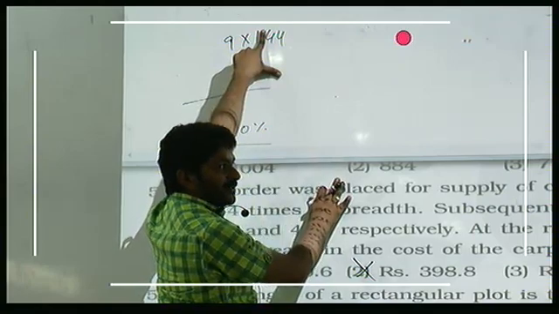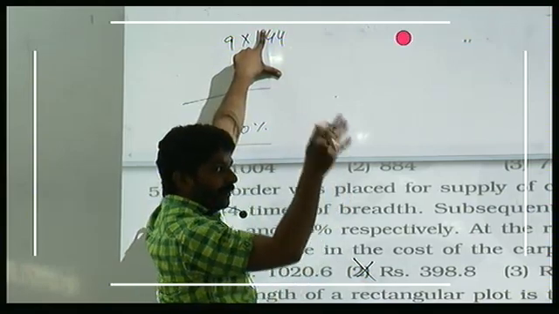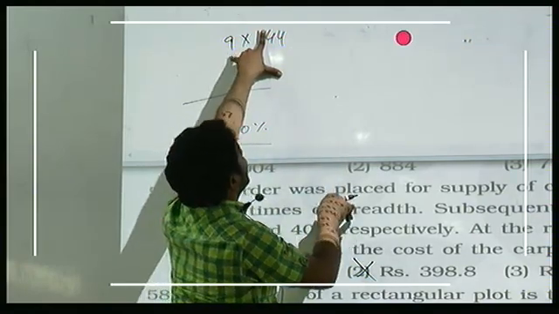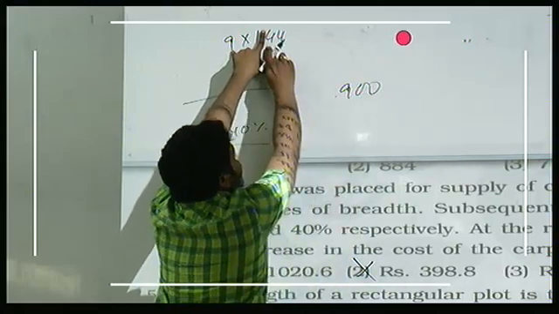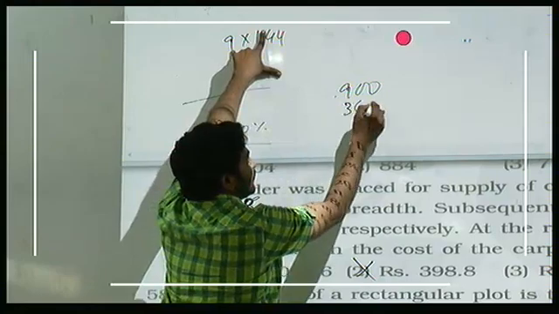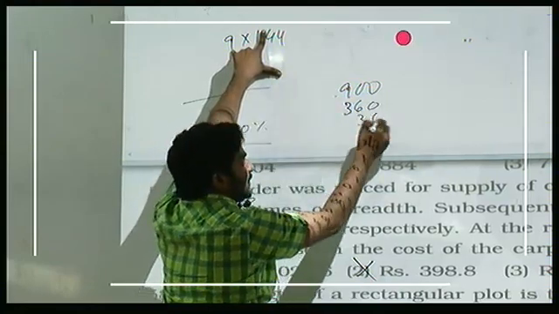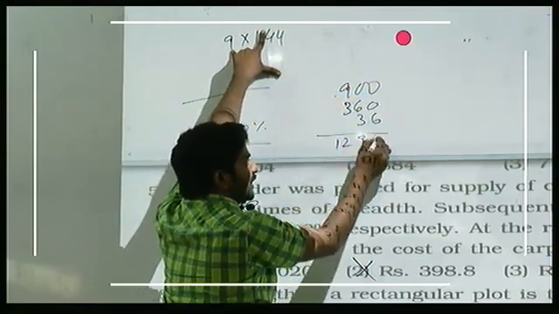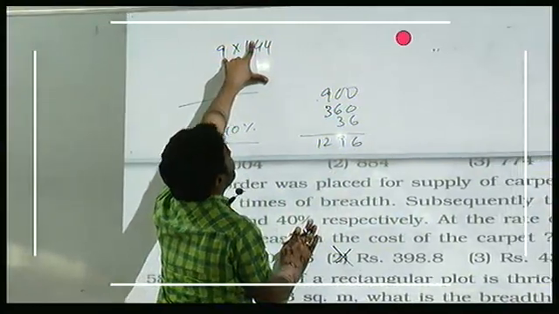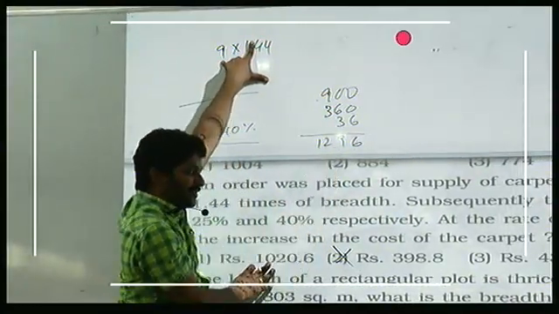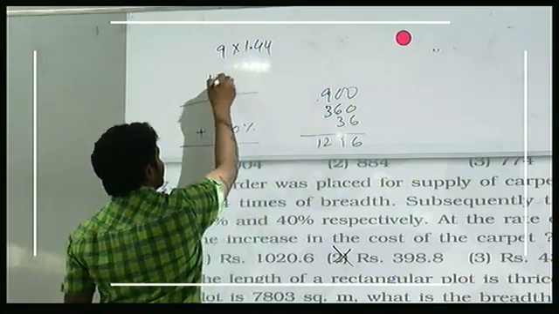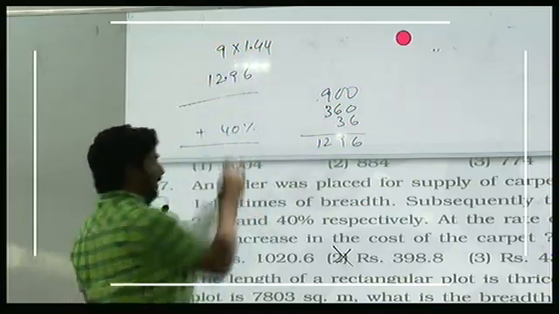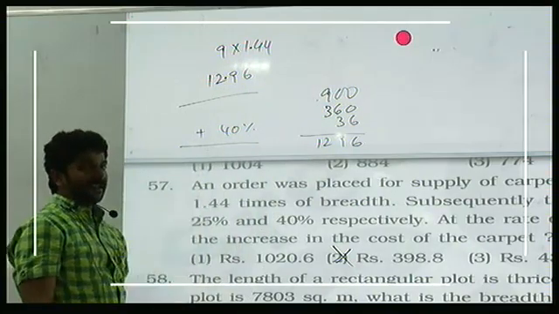Take 144 times 9. 900, 9 40s is 360, 9 4s is 36. Total 1296. If you have 144 into 9, the answer is definitely 1296. But you have 1.44, so it is 12.96. Now this is the actual area.